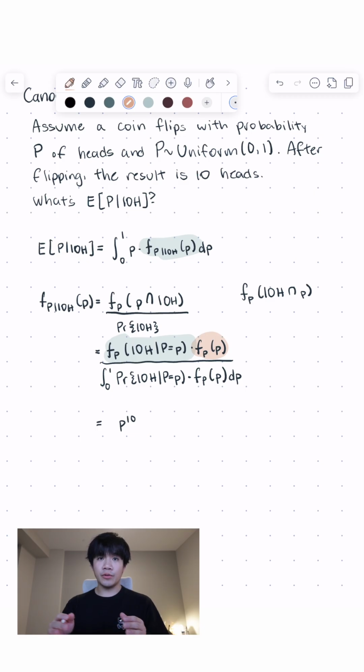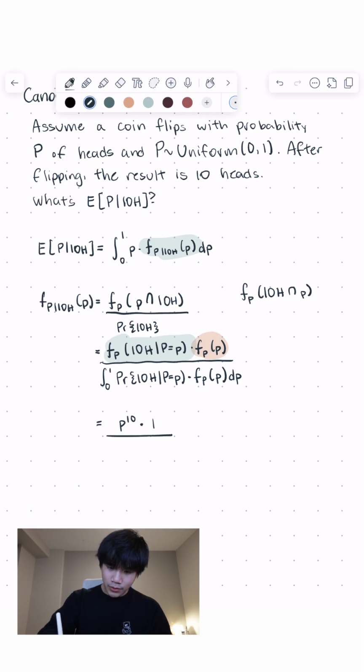Since it's uniform from 0 to 1, and we are basically taking the space that p can equal p, we're just going to realize that that is equal to 1 as well. It's uniform from 0 to 1. If you integrate from negative infinity to positive infinity of any probability density function, you will get 1 by definition.